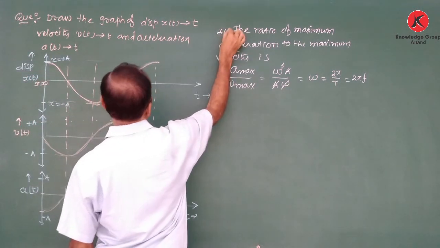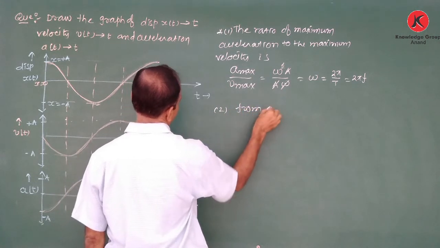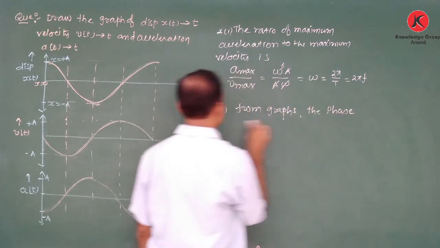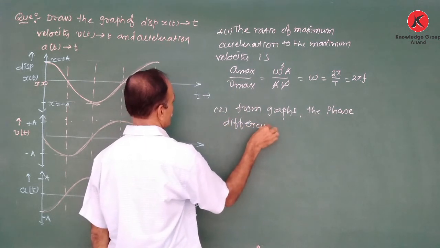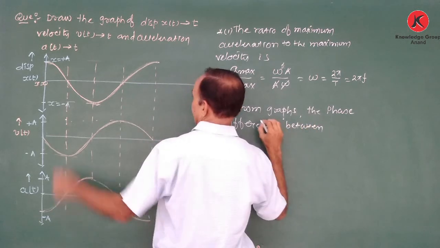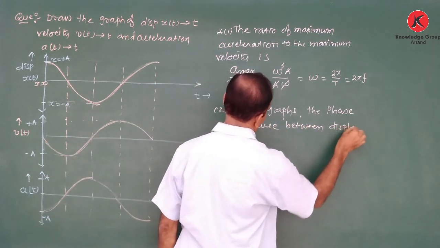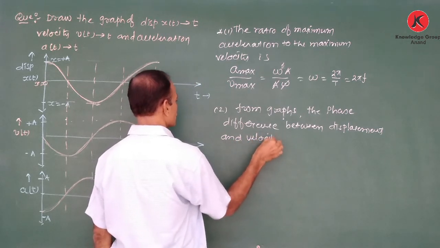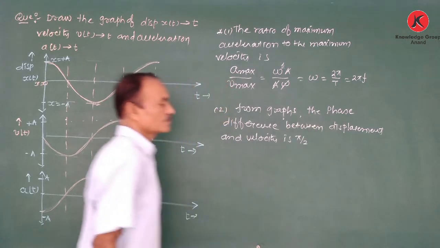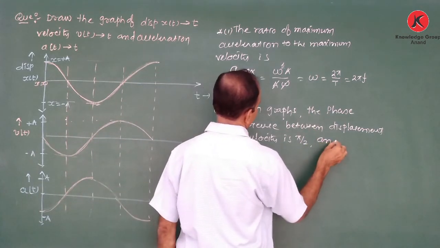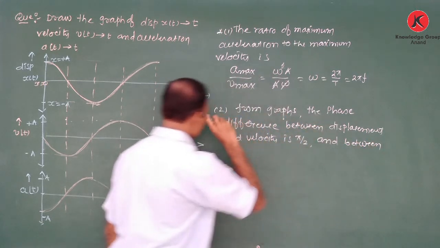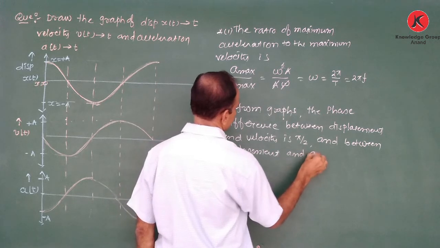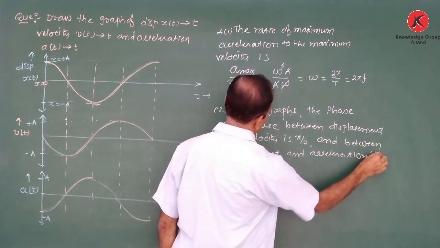Now the second point is that from the graph, the phase difference between displacement and velocity is pi by 2, and between displacement and acceleration is pi.